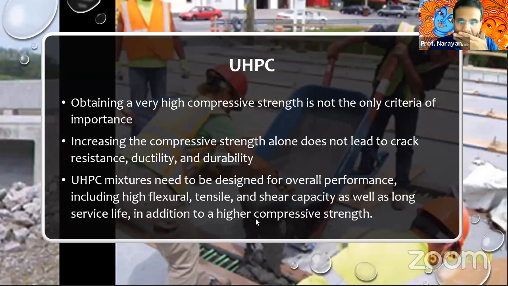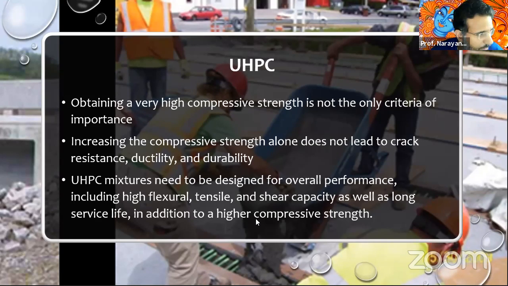So high compressive strength is not the only criteria. Increasing the compressive strength alone does not lead to crack resistance, ductility, and durability. We know that compressive strength is an important characteristic of concrete, and everybody wants to use it as the key characteristic. But you need other features in concrete also, so you need overall performance.